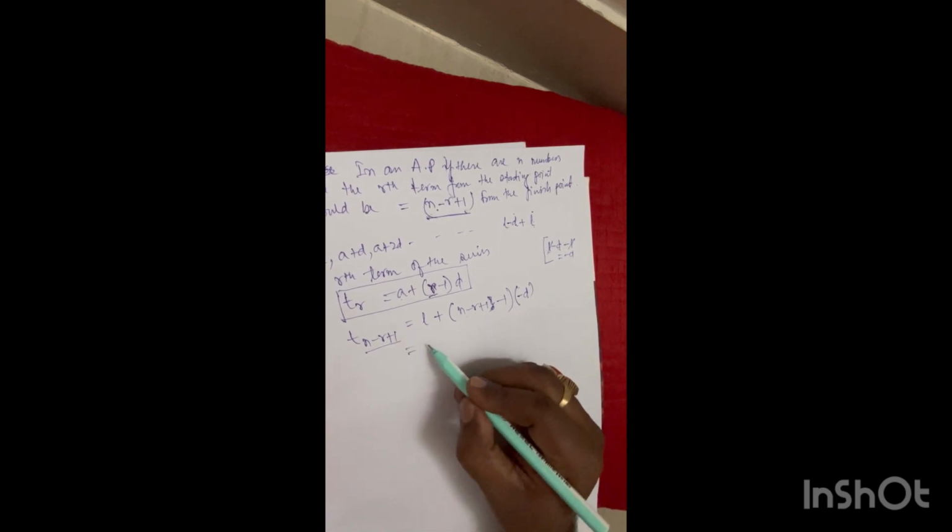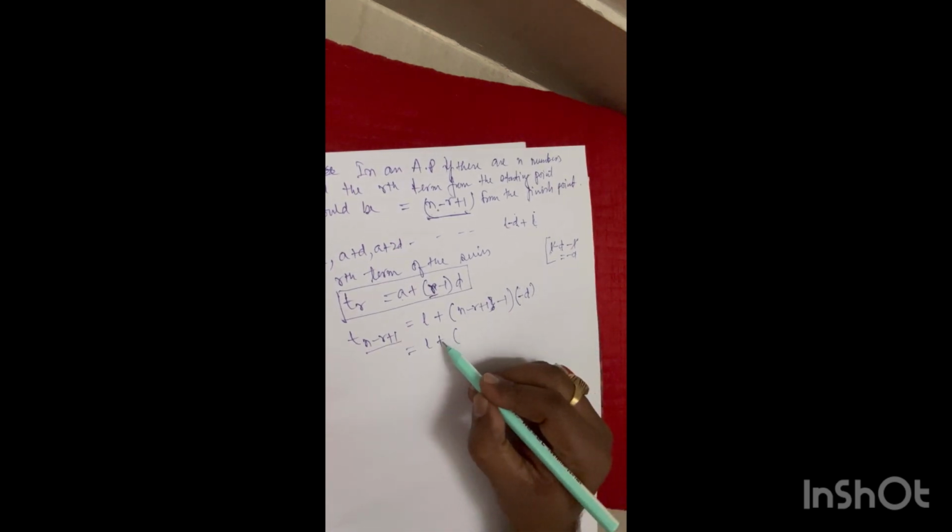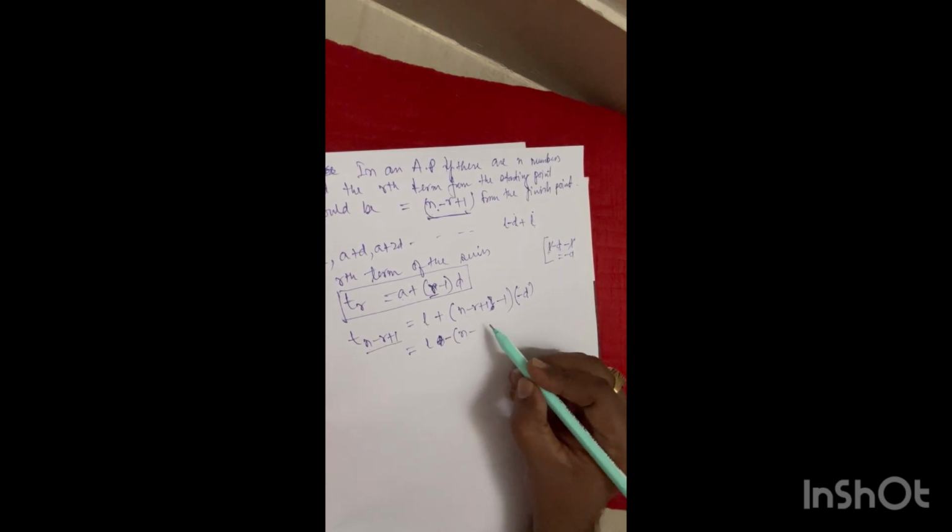And in this case, if I consider I am starting from the last end, this will be the first term, and the common difference will be the next term minus the first term. So this way it will come minus. Now see, L plus this will come, this minus will be coming here, and minus 1 plus 1 will be cancelled, n minus r into d.